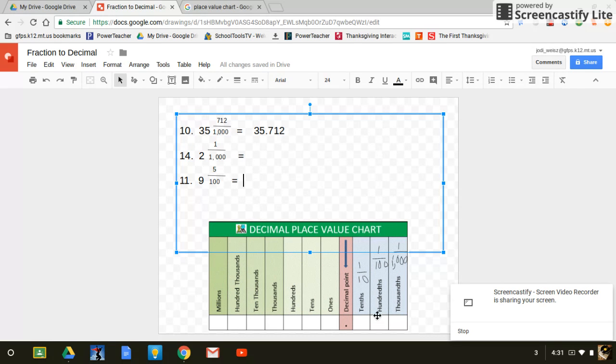So I need to make sure that that digit that I have as my numerator up here is 2 digits or 2 place values away from my decimal. So let's start with the whole number, which would be 9, and means that I put a decimal there. 5 hundredths. So, if I just do this, I am saying 50 hundredths.